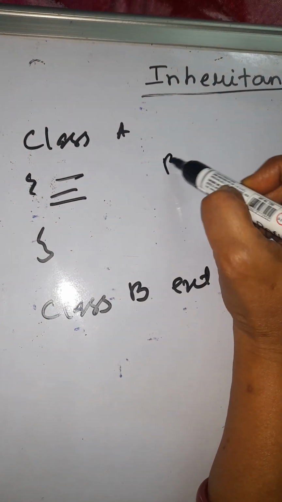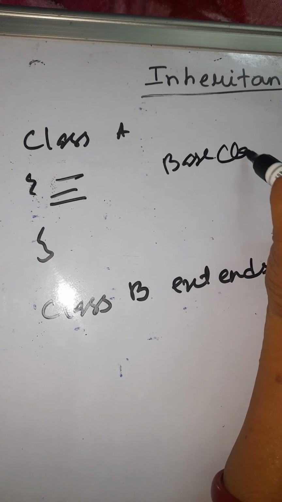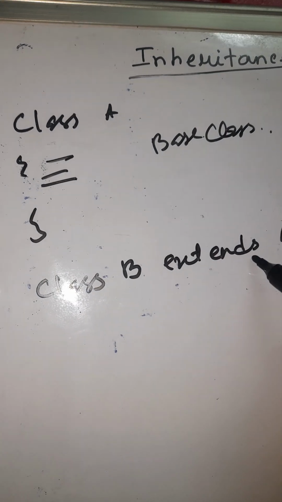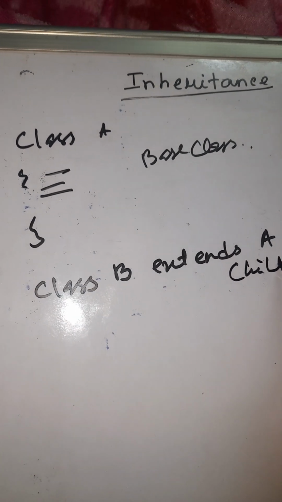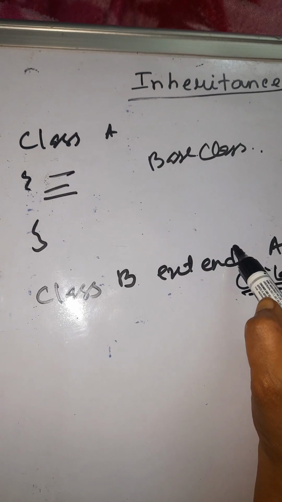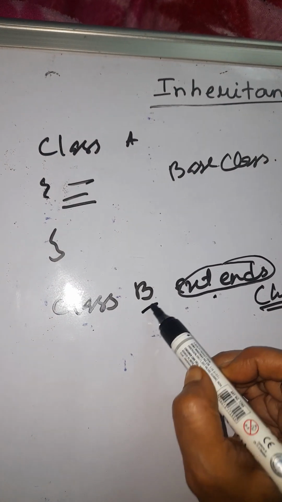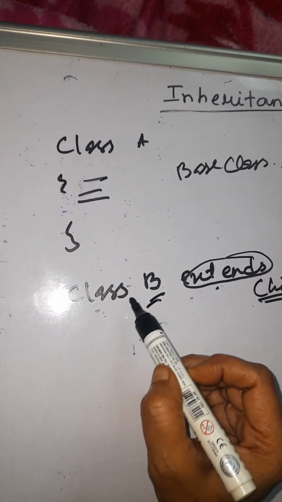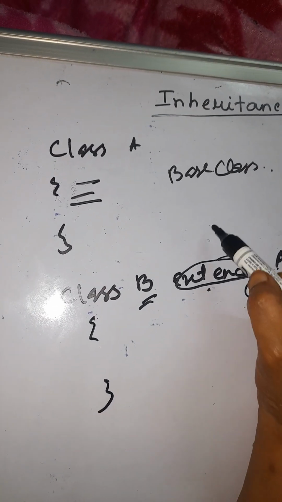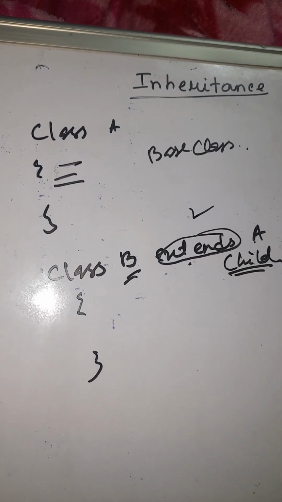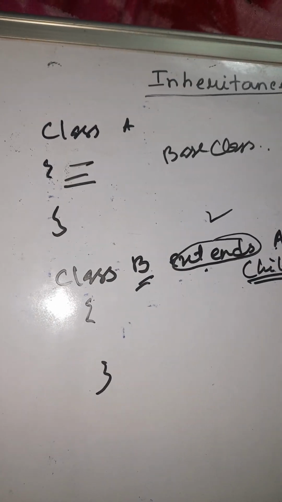This is the base class or super class, and this is your child class. How does it become a child class? Using the extends keyword. Clear? So class B will be the child class of class A. Like this, with the help of the extends keyword, you can create your child or derived class.